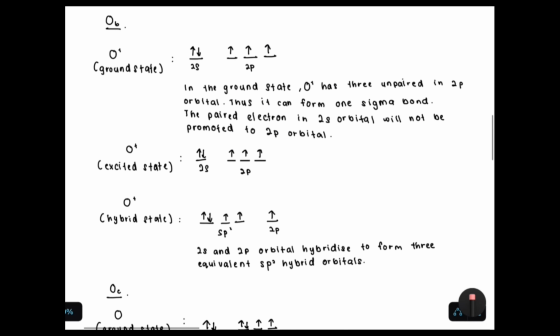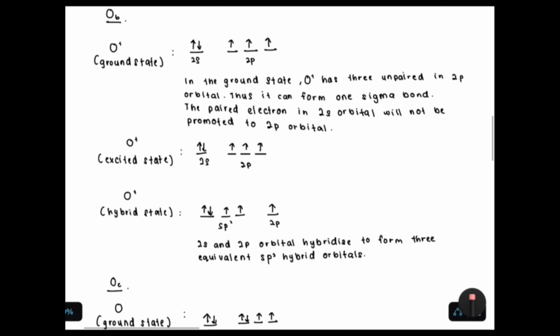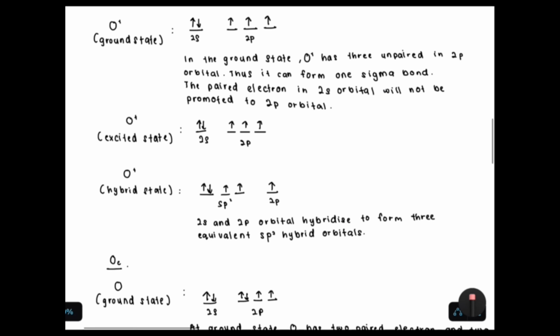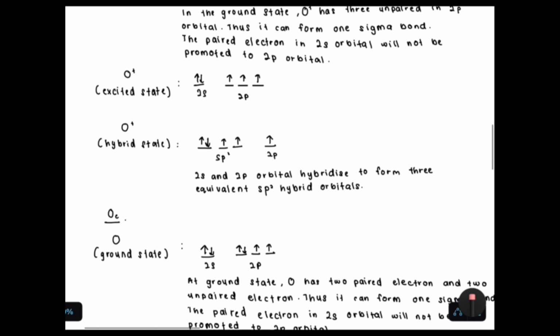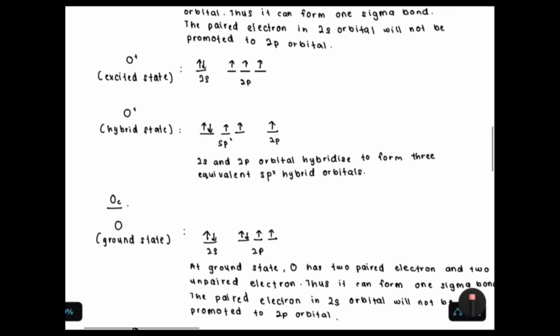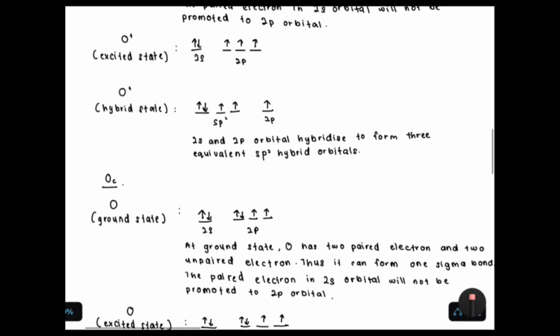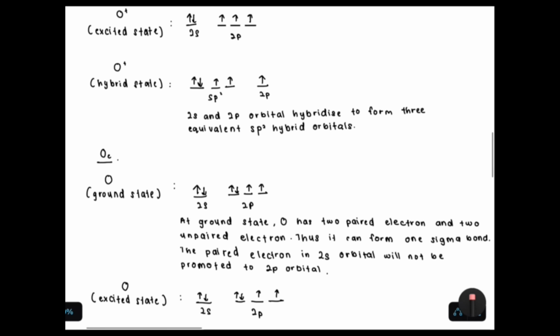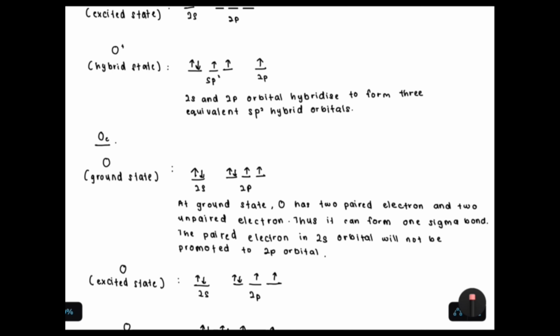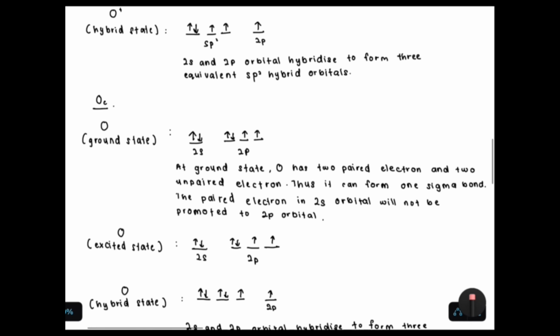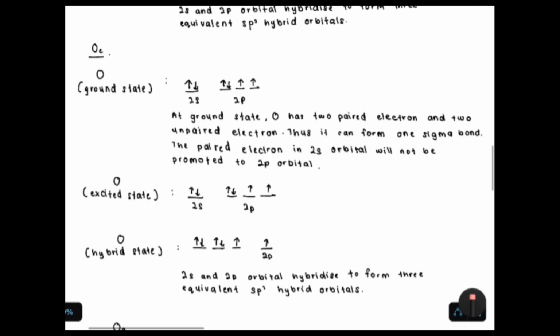The second one that will undergo hybridization is OC. So OC will be the oxygen atom. O at ground state has 6 valence electrons. At ground state, O has 2 paired electrons and 2 unpaired electrons, thus it can form 1 sigma bond. So the paired electron in 2s will not be promoted to the 2p orbital.